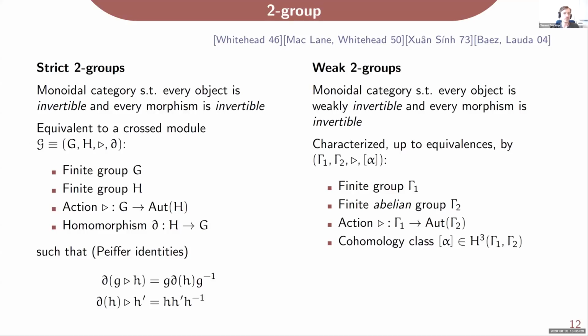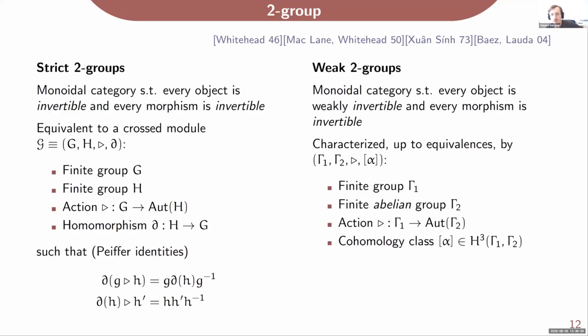So usually we use an equivalent description in terms of crossed modules. And a crossed module consists of four elements: two groups, both of which can be non-abelian, an action of G on H by automorphisms, and a homomorphism from H to G. And these need to satisfy some constraints referred to as the Peiffer identities. Now, a weak two group is a monoidal category such that every object is now weakly invertible and every morphism is invertible.